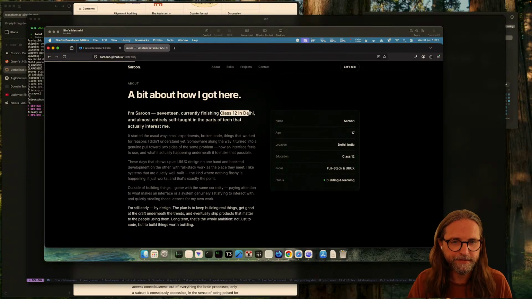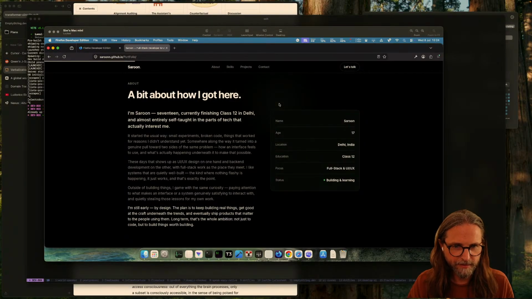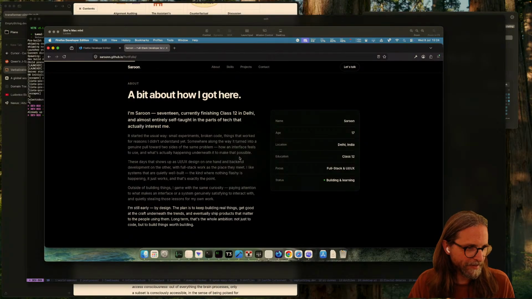What's class 12? I like that. Systems that are quietly well built, the kind where nothing flashy is happening. Apple theme, okay, yeah, it's pretty Apple-y. Nice.